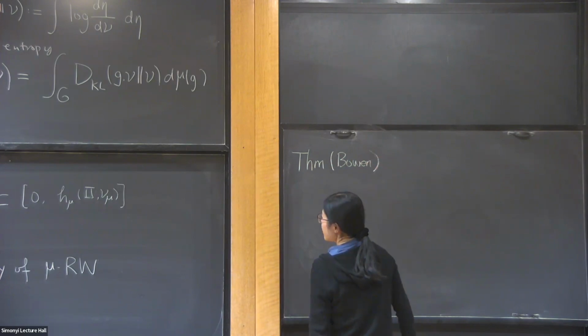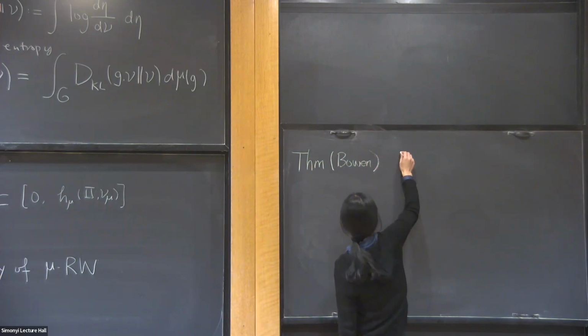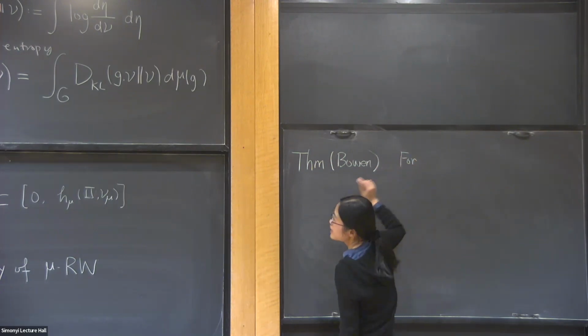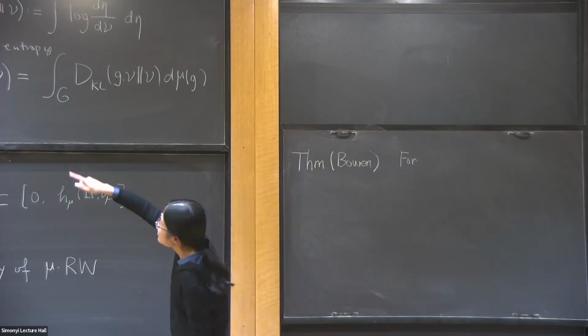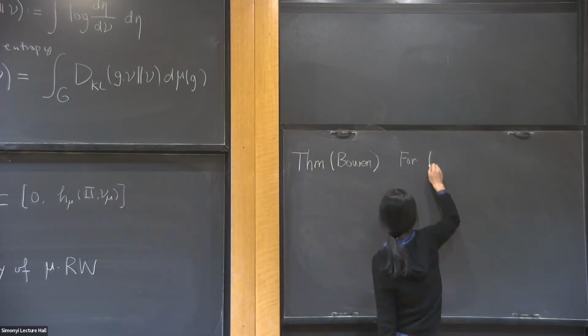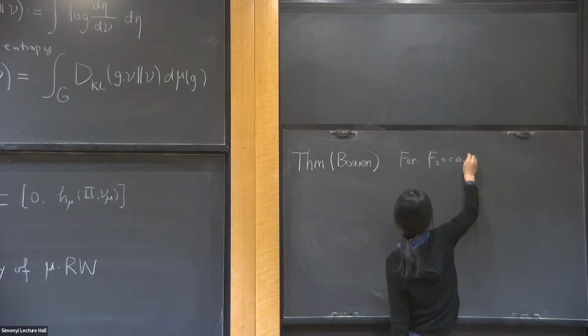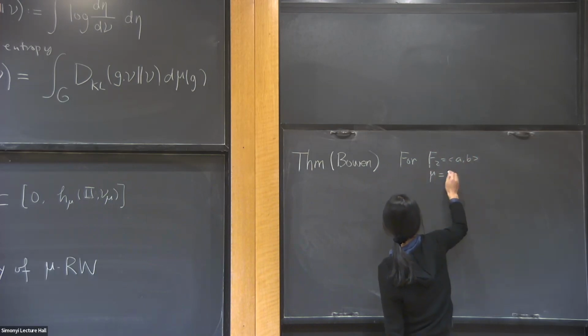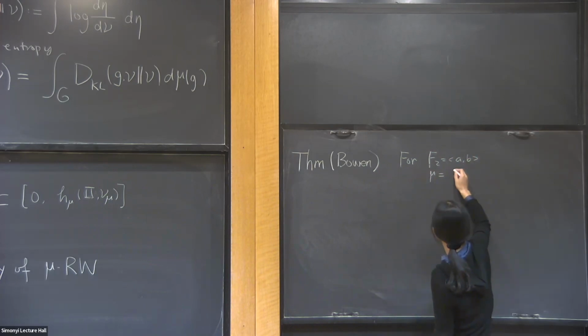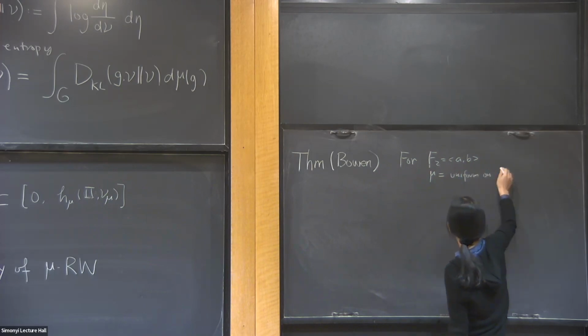Years ago, he said that if you consider the free group, so let's say exactly this is the example. So you take a free group of two generators, with this nice measure where every time you choose uniformly a or a inverse.